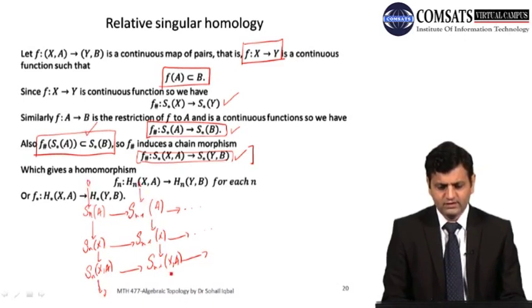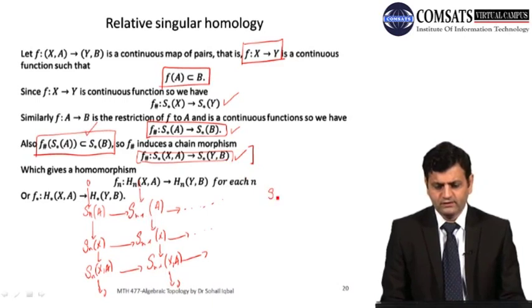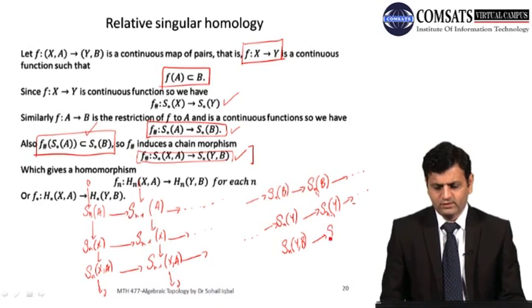So this is a short exact sequence of three complexes. And similarly, corresponding to Y and B we have the following diagram: S_n B to S_{n-1} B up to so on, and S_n Y, S_{n-1} Y up to so on, and similarly S_n YB up to so on, S_{n-1} YB.